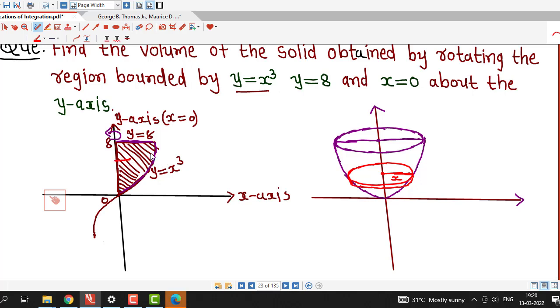So this is going to be radius, and it is a function of y. Here we have this distance which is x, so we require x in terms of y, so that we can obtain from this y is equal to x cube. So therefore x is going to be y raised to 1 by 3. Because x this distance is positive, we will consider x equal to y raised to 1 by 3. So this is the radius of this circular disc, which is the cross section perpendicular to y-axis for this solid.